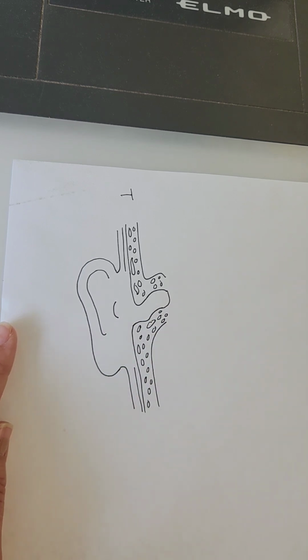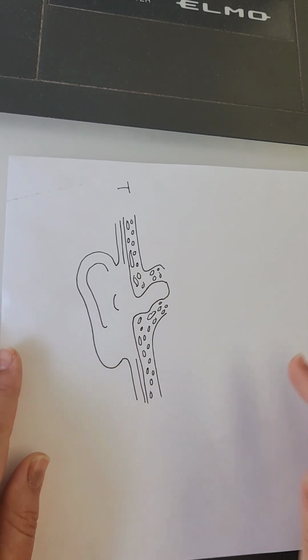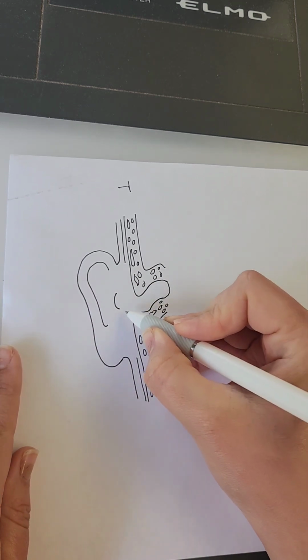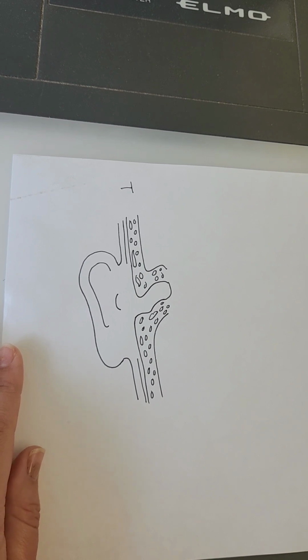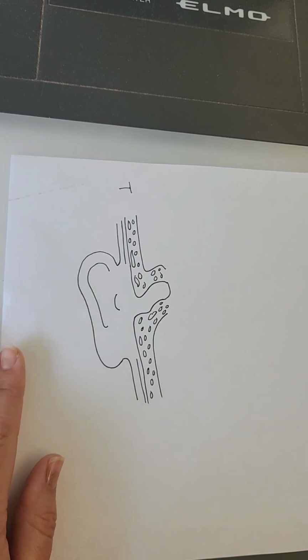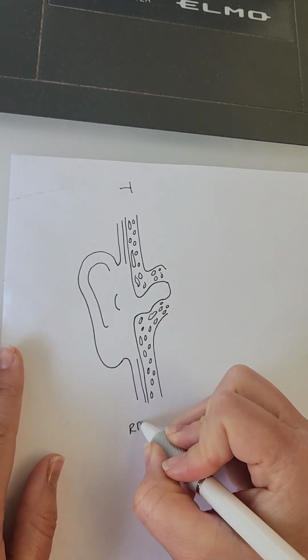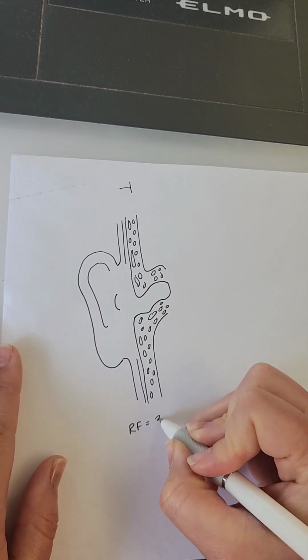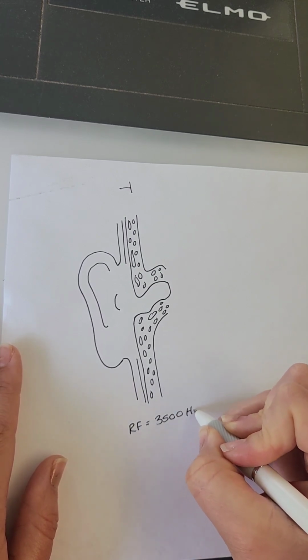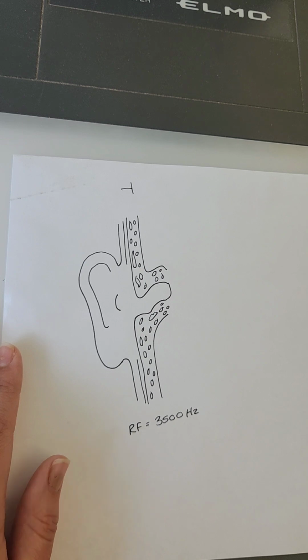And we know that acoustic resonators are able to increase the amplitude and amplify certain sounds. So our external auditory meatus actually has its own resonant frequency. Okay, and its resonant frequency is around 3,500 hertz. That's the rate that air likes to vibrate within it.